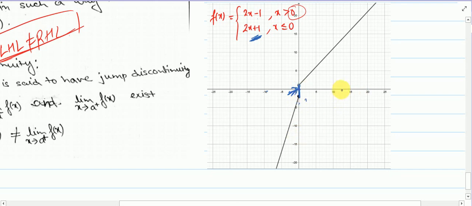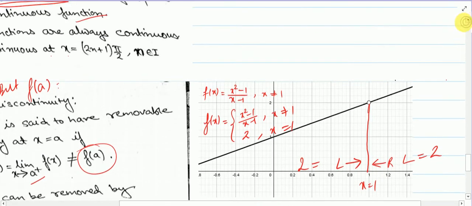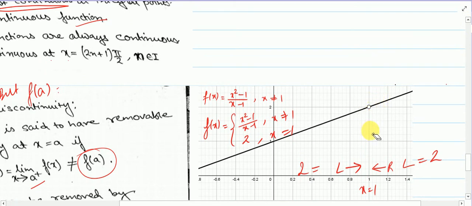Like here in this case, at x equal to 1, there was only one gap to be filled. So we could easily assign one value and this gap got filled, and we could easily move without lifting our pen.